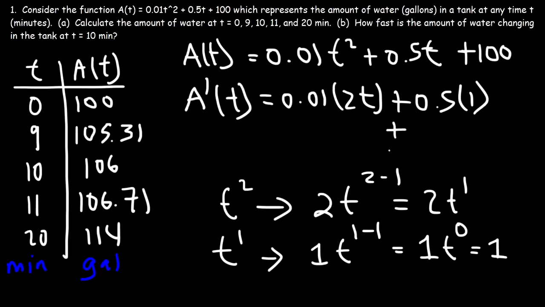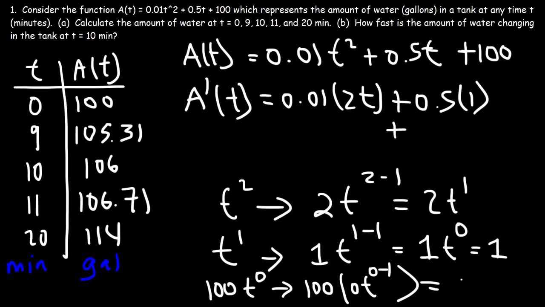Now what about the derivative of a constant, like 100? The derivative of any constant is 0. If you were to use the power rule, this would be 100 times 0, because you need to bring this to the front, and then it's going to be t to the 0 minus 1. 100 times 0, the whole thing is 0.